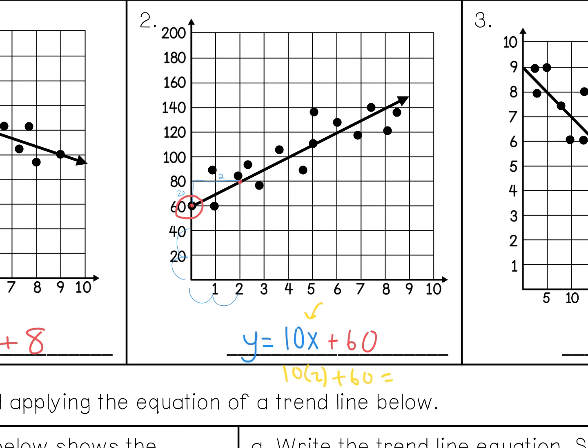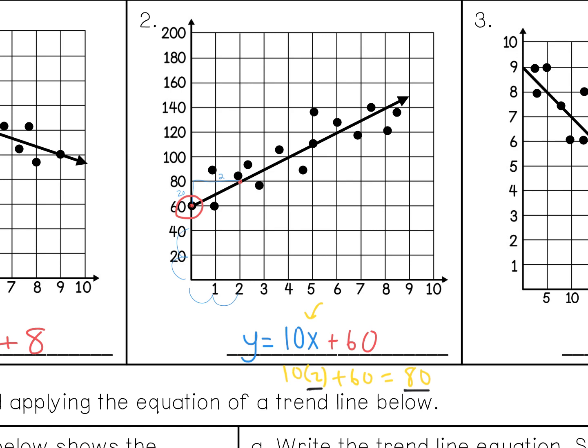What's 10 times 2 plus 60? 80. So in other words, when x is 2, y should be 80. That's not a good drawing. 2, 80. It's true.